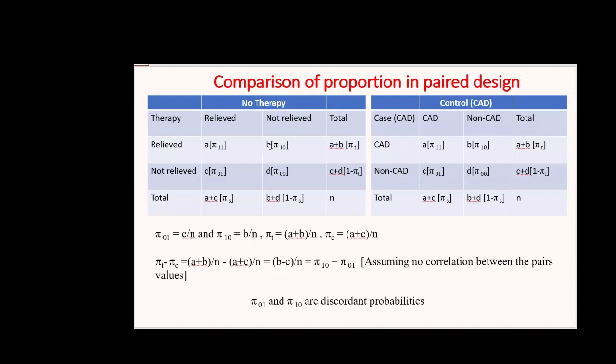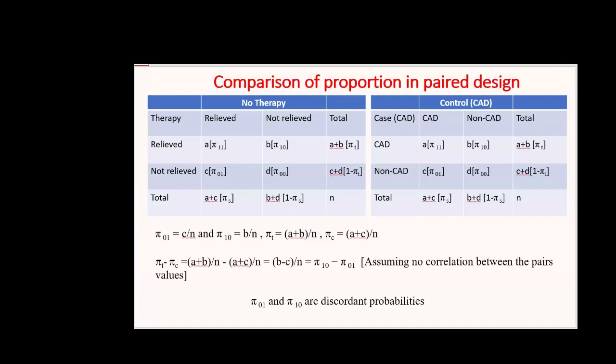So in the B pair, one is relieved and the other of the same pair is not relieved. So what is C? C is the number of pairs relieved in the control group but not relieved in the treatment group.